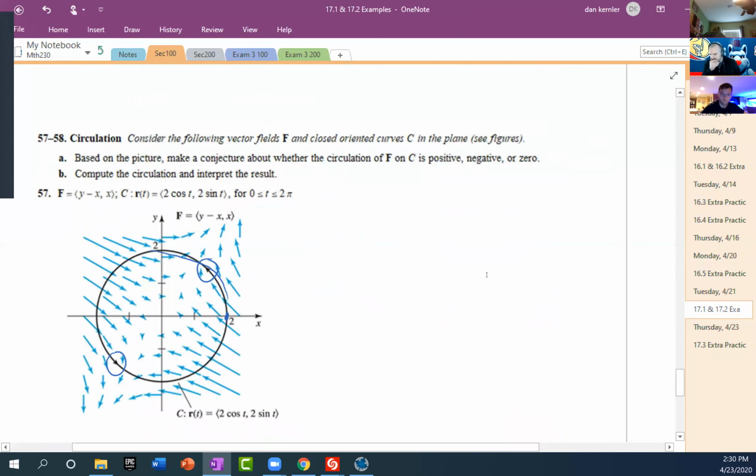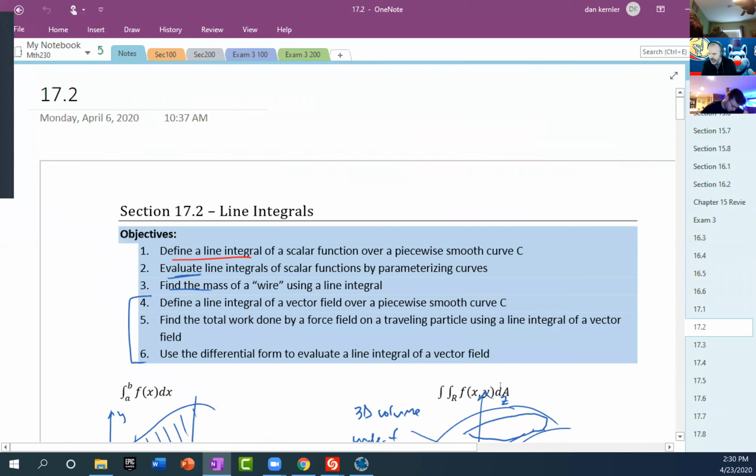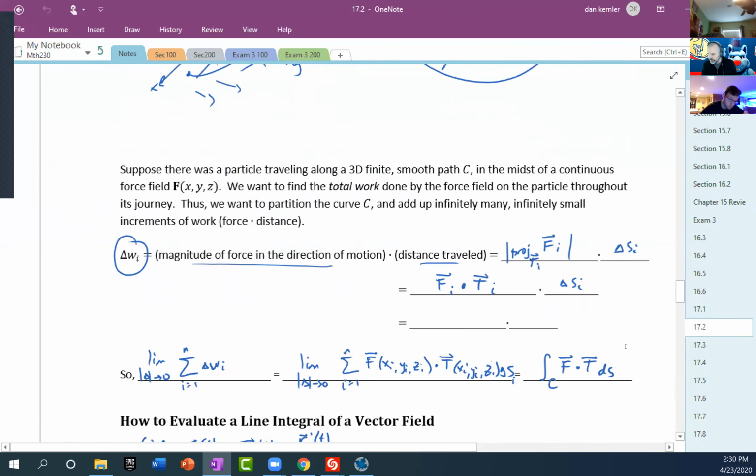Okay, so let me go back to that so we can make our conjecture. Why does it go back to the top? That's annoying.